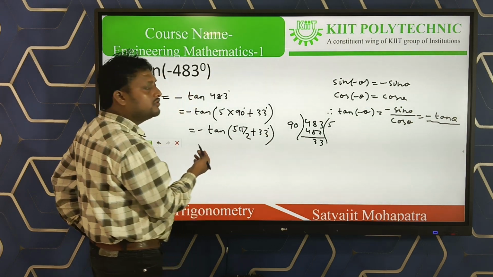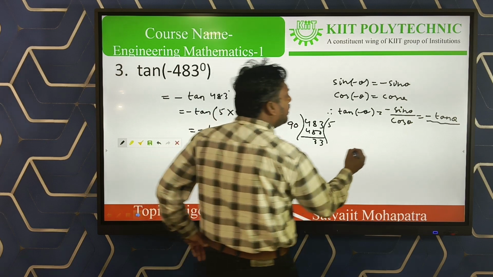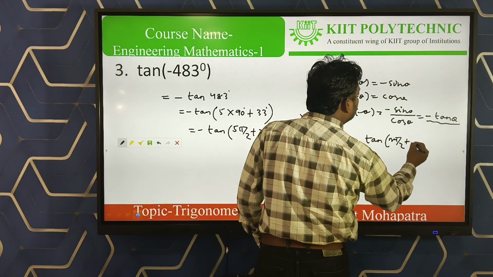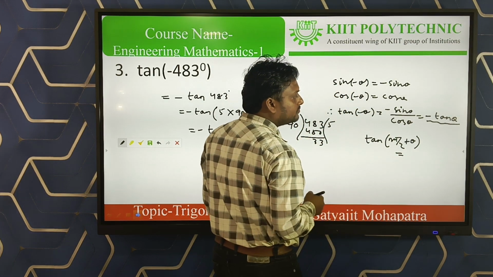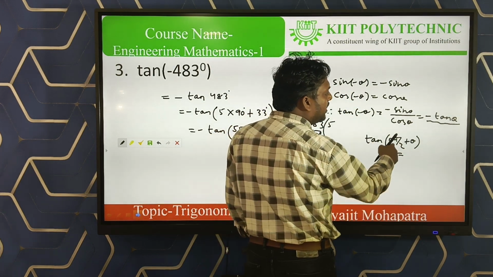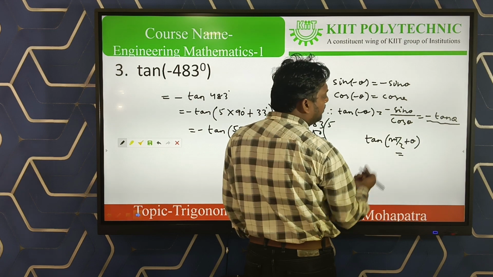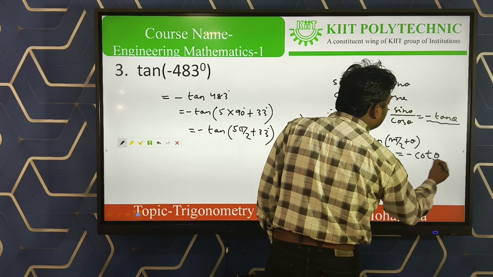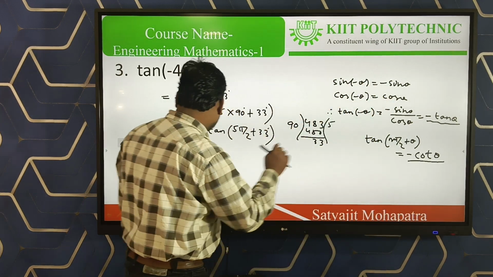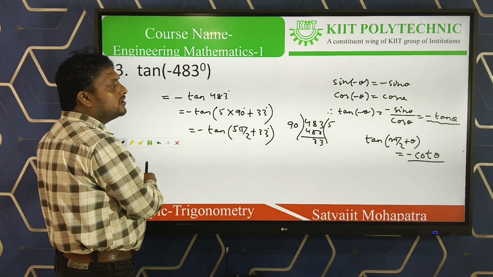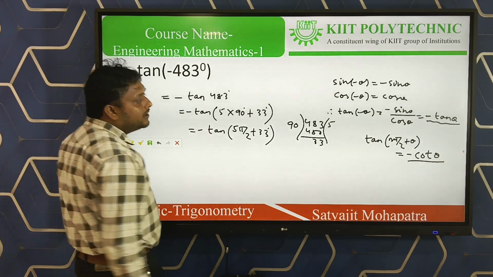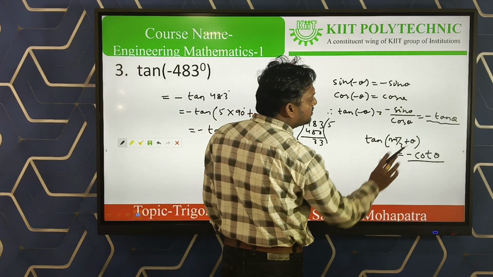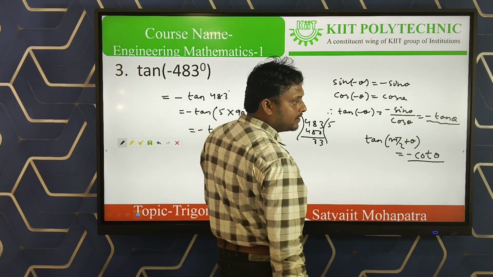Now this is the time to use the formula. What is the formula for tan of n pi by 2 plus theta? Pi by 2 is considered second quadrant, where tan is negative, and the formula will always be minus cot theta. You can go back to the previous slide and you will find the formula for tan of n pi by 2 plus theta is always minus cot theta.